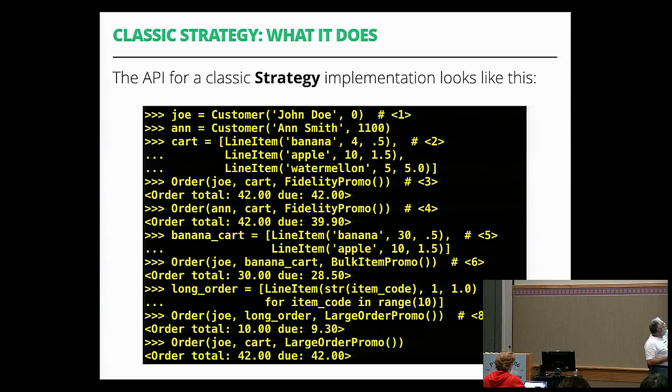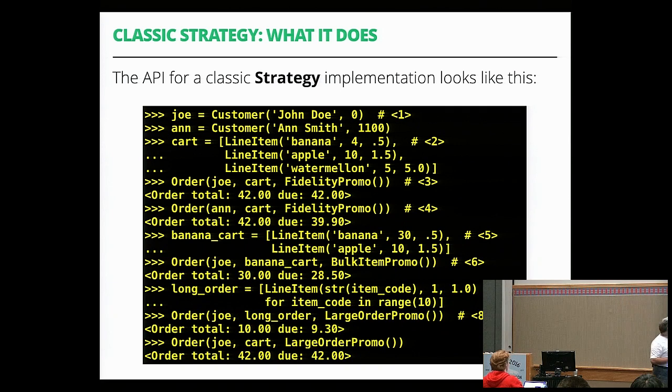A shopping cart is just a list of line items here. And then I build an order with that customer and that cart, passing an instance of the fidelity promo, and this is what we get.